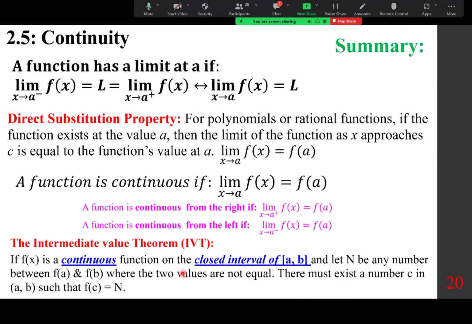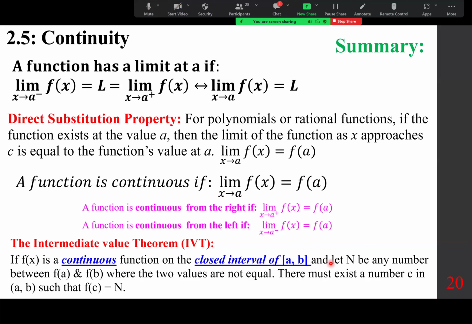What is IVT? IVT says if we know the function is continuous, there is no break. And if we know it's a closed interval of a to b, so continuous and closed interval, that means we can see the endpoints easily. It doesn't go indefinite.